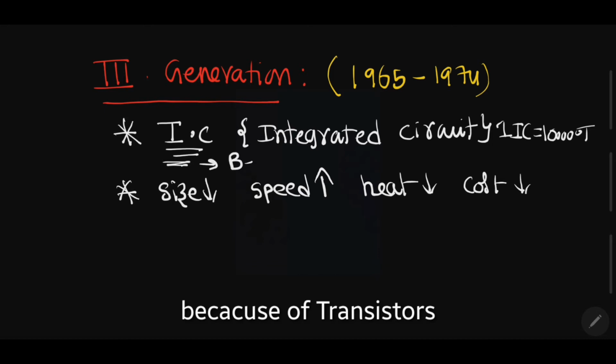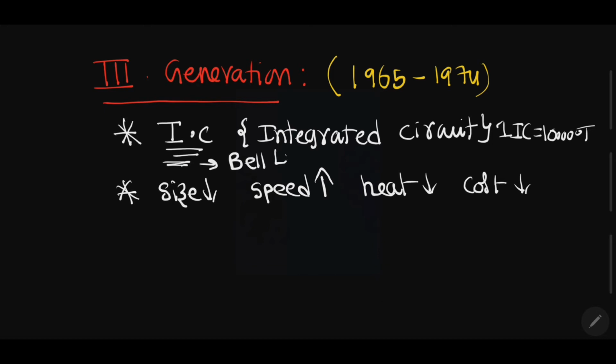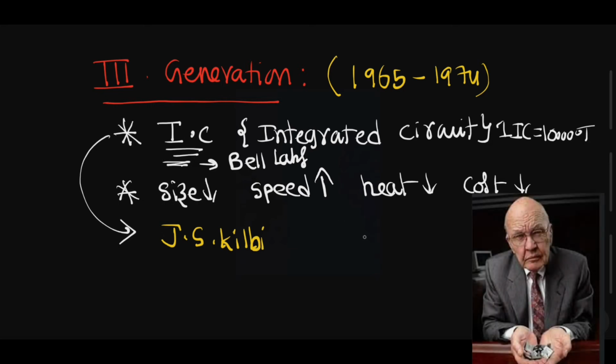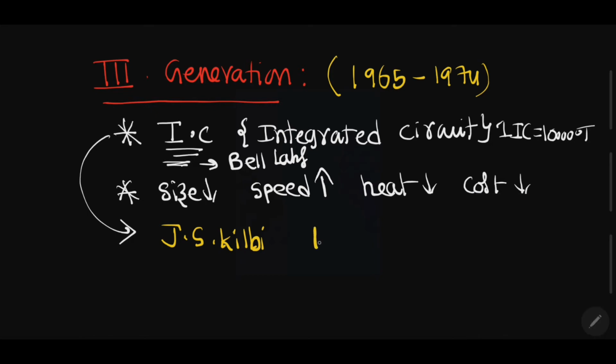This IC was developed at AT&T's Bell Labs. Okay, this IC was invented by J.S. Kilby. So IC is one of the revolutions of third generation computers. It takes good input and provides better output.